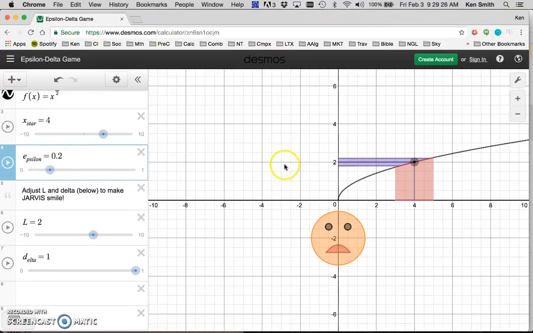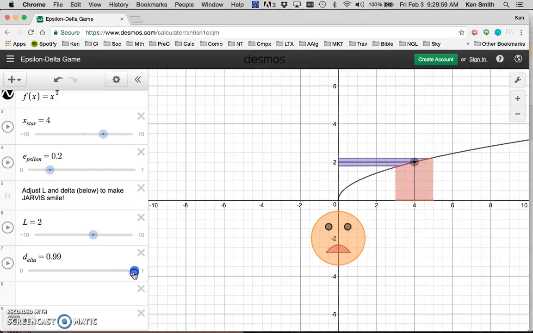If epsilon is 0.2, then moving over to my curve and looking at this horizontal purple stripe, this is the epsilon band where we go up 0.2 from 2 to 2.2 and down to 1.8, and the goal is to demonstrate a limit by choosing x values that will force us into this purple band. So once we've set epsilon equal to 0.2 here on the left, let's go down to line 7 where delta is, and play around with this.